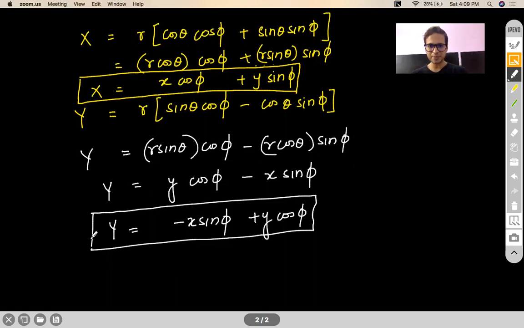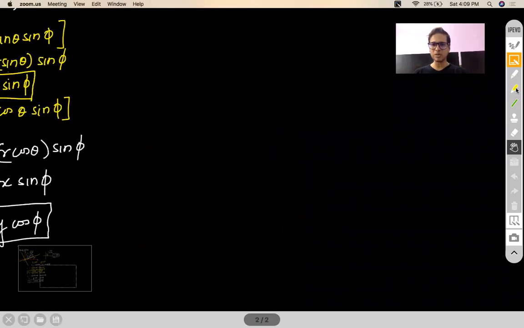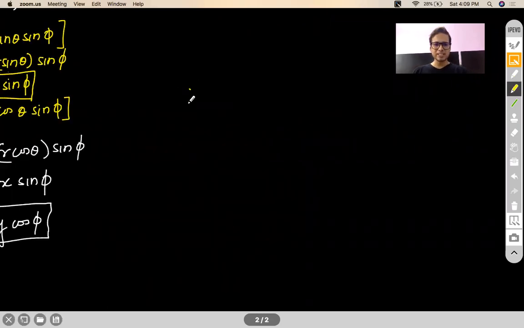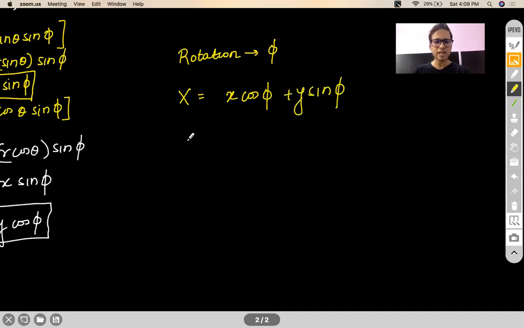Is this fine? Okay. So just to summarize what we did now: when we rotate the axes by an angle of phi, the new x coordinate becomes x cos phi plus y sin phi, and the new y coordinate becomes minus x sin phi plus y cos phi. Okay.